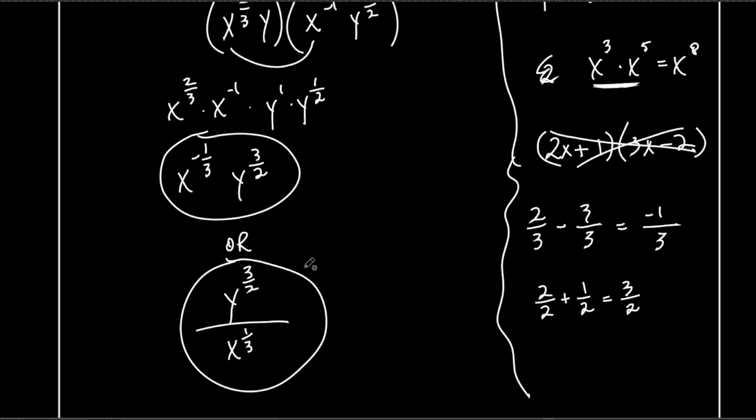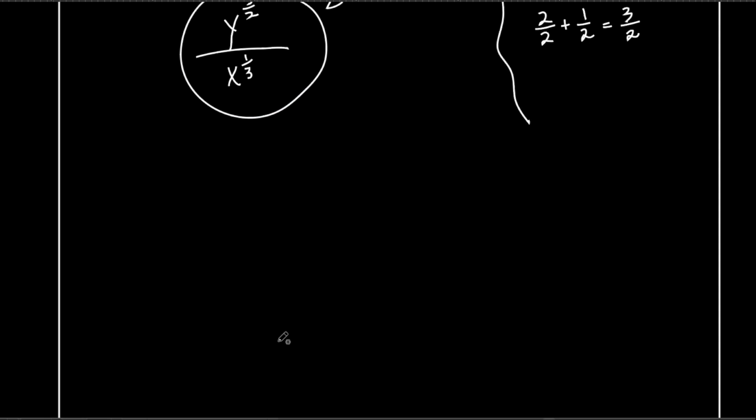So I would be okay with either one of these. This one right here is probably what you're going to see in the book. So just be aware of it. All right, if you saw this, you're like, oh man, that's not what I got. Well, yeah, it is. It is what you got. Okay, it's the same thing. They just made it so you don't have a negative exponent. That's all. What do you think?